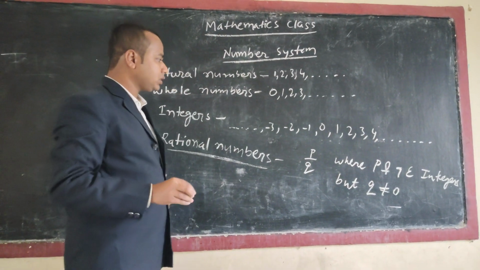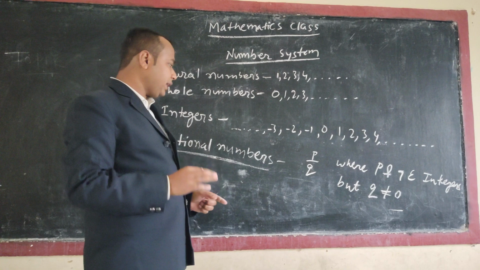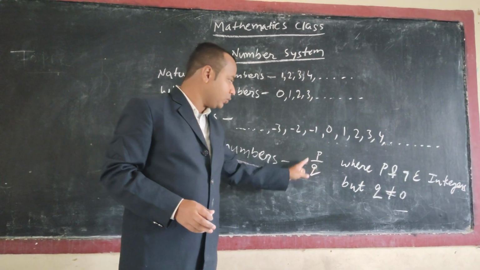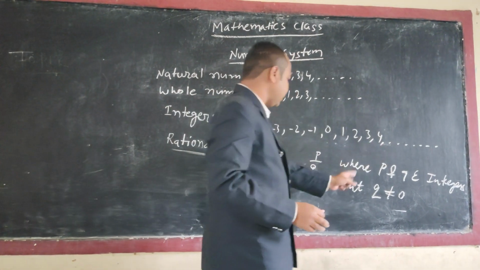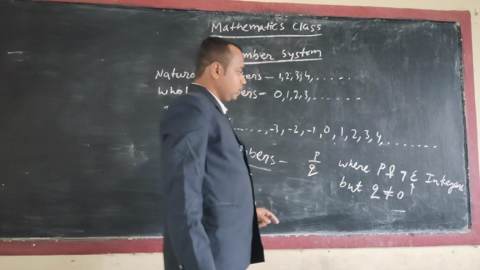What does it mean? It means any number which can be written in the form of p by q, where p and q belong to integers. This is the sign of belongs to.